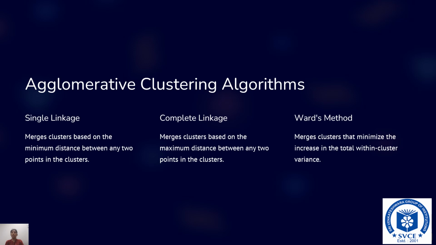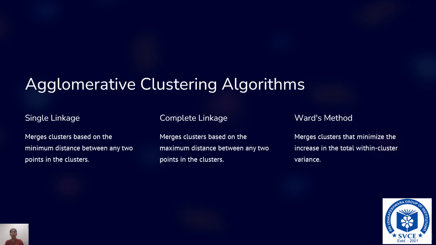In complete linkage, it merges clusters based on the maximum distance between any two points in the clusters. So as we see, single linkage merges based on the minimum distance between any two points, but in complete linkage, it merges based on the maximum distance between two points in the clusters.